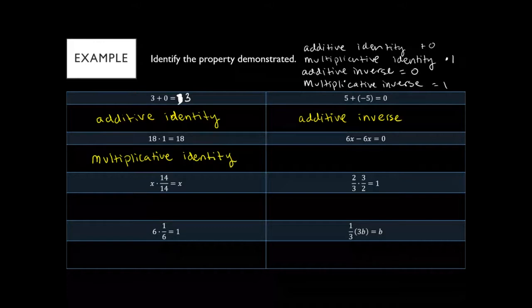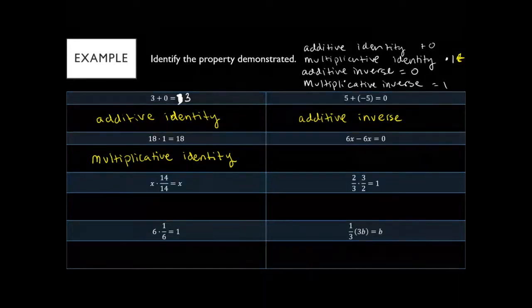Inverse and identity both start with I. This is the multiplicative identity because it's identical to what it was before. So be very careful, because you'll probably do the same thing that I did. You look at what you're talking about, you're like, oh yeah, it's this one, and then you type the wrong word, or write the wrong word, or say the wrong word, because I've done that. So that one is the multiplicative identity because it's identical.